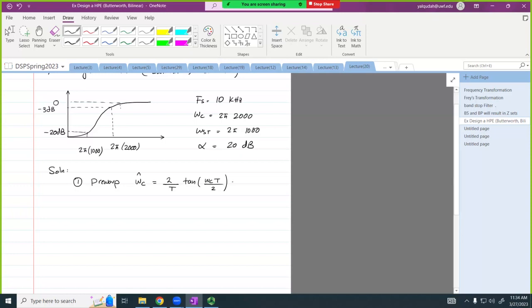And that is going to give us 14,530. We're going to pre-warp the stop frequency, omega stop hat, 2 over T, tangent of omega stop multiplied by T divided by 2, is going to equal 6,498.